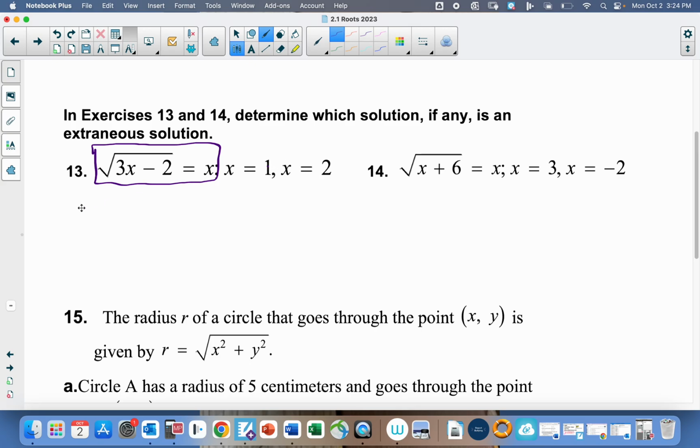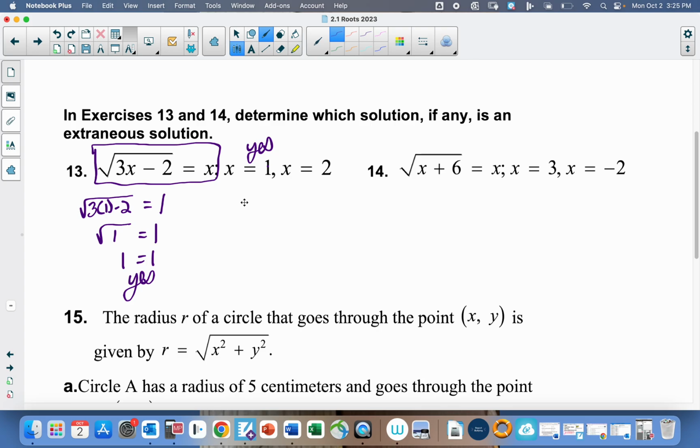So let's try the 1 first. The square root of 3 times 1 minus 2, does that equal x, which is 1? So the square root of, well, 3 minus 2 is 1. Is the square root of 1 equal to 1? Yes. So this works.